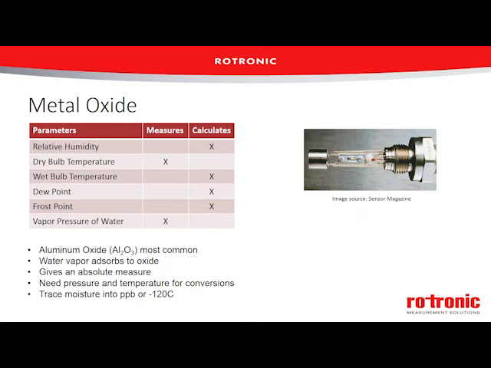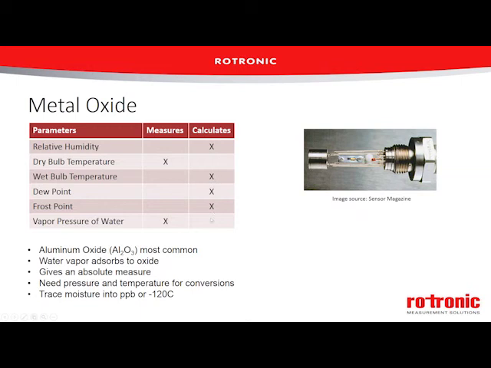So based on the vapor pressure that's measured, so these are measuring an absolute measurement, the amount of water vapor present, and the temperature sensor, then you calculate the other parameters. You calculate relative humidity, wet bulb, dew point, frost point, and other parameters. That's essentially how these work. You do need to have pressure and temperature for the conversions.